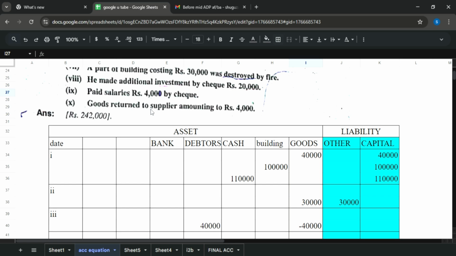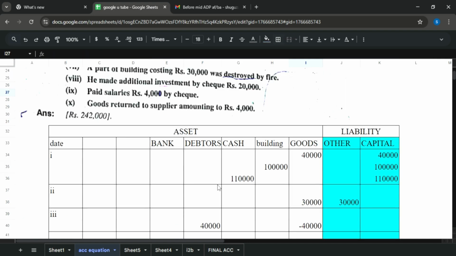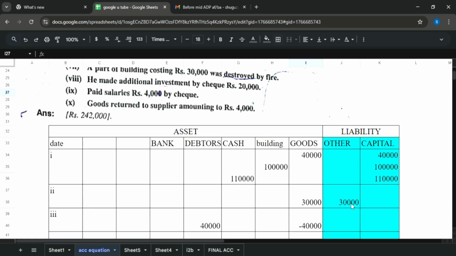Supplier means the amount was payable, and this entry of 30,000. Look at here again. Purchase goods on account 30,000. This entry is showing we have bought goods on account, on credit 30,000, and now you have returned these commodities. It means you are not liable. Liable means liability.